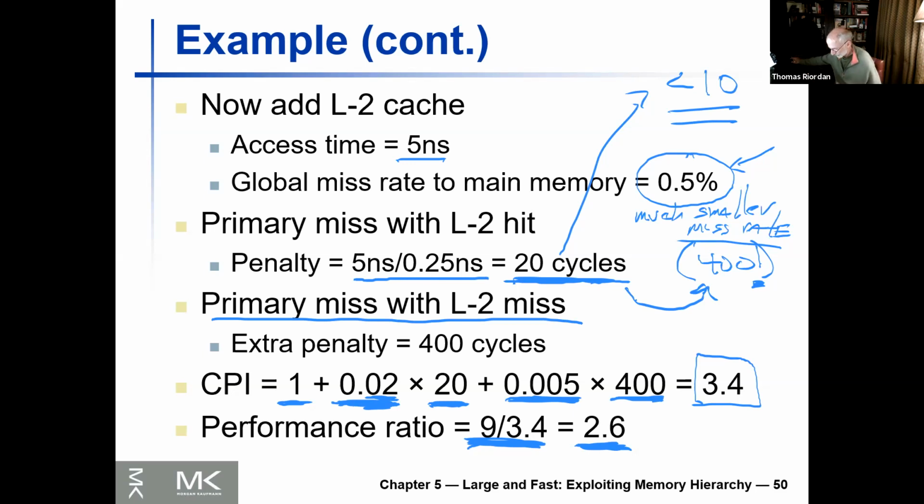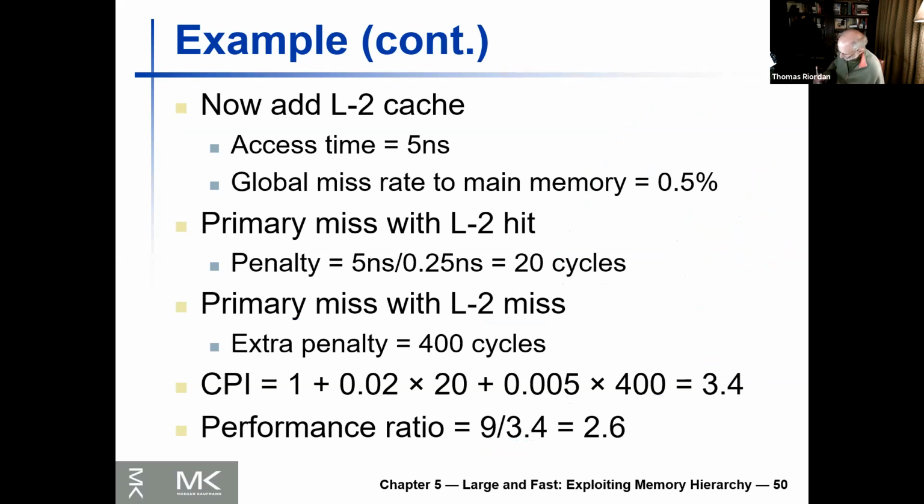We'll just use his same numbers. We have space for it. We can do it without going to another slide. We'll just make space here.